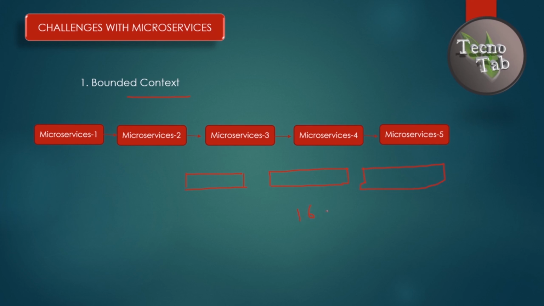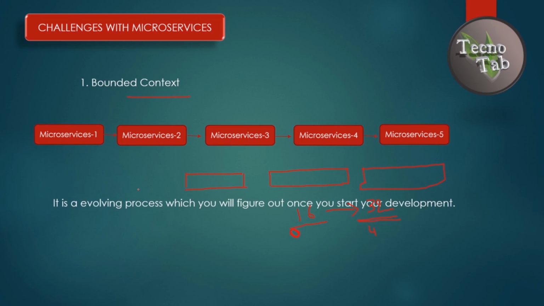So from 16 to 32, we started with the 16 microservices on day 0 and in 4 months we reached up to 32 microservices. So what I mean to say is that at the beginning of any microservice project, you cannot define that we have to build only 5 modules and our work is done. No. So we can say that it is an evolving process which you will figure out once you start your development.